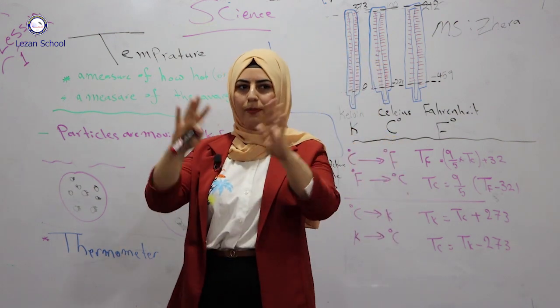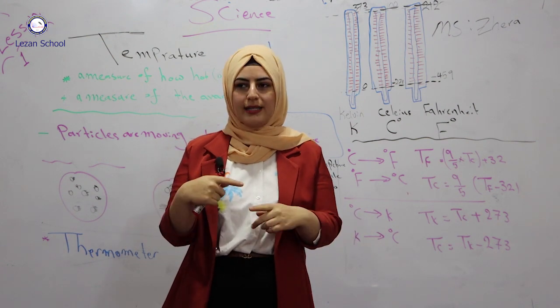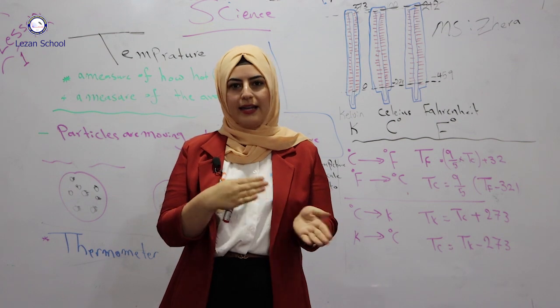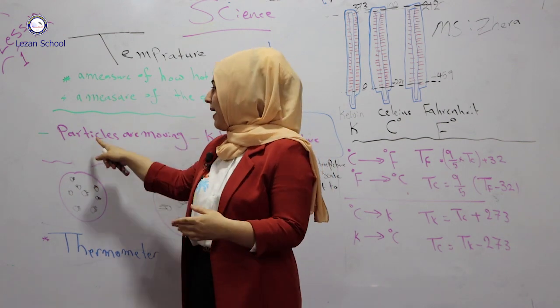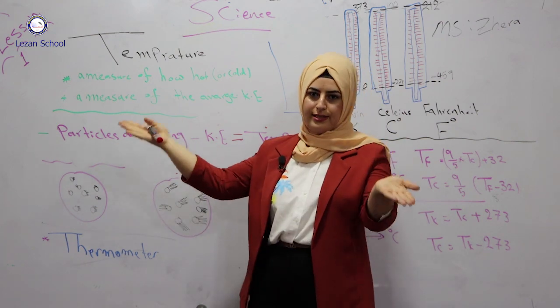In general, all matter around us is made of particles and molecules. When particles collide with each other and with the wall, they have kinetic energy. When particles are moving fast, they have more kinetic energy.